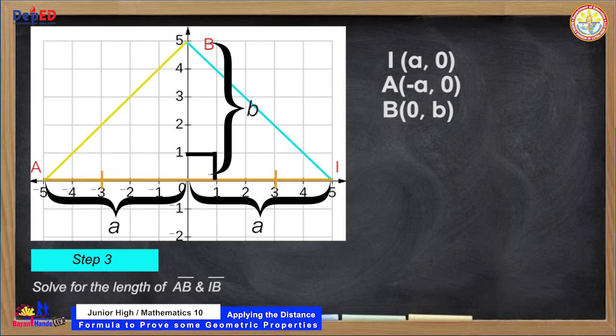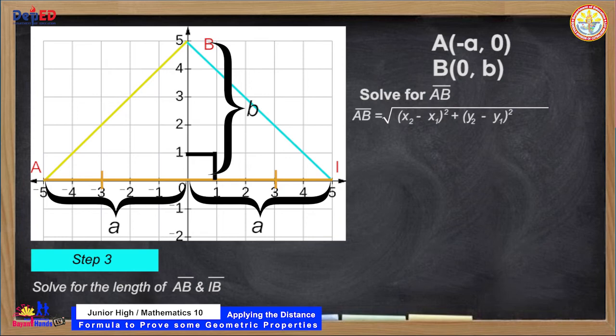Step 3. Solve for the length of segment AB and segment IB. To solve for segment AB, we use the coordinates of point A and B. Our formula is segment AB is equal to the square root of the square of the quantity x sub 2 minus x sub 1 plus the square of the quantity y sub 2 minus y sub 1.